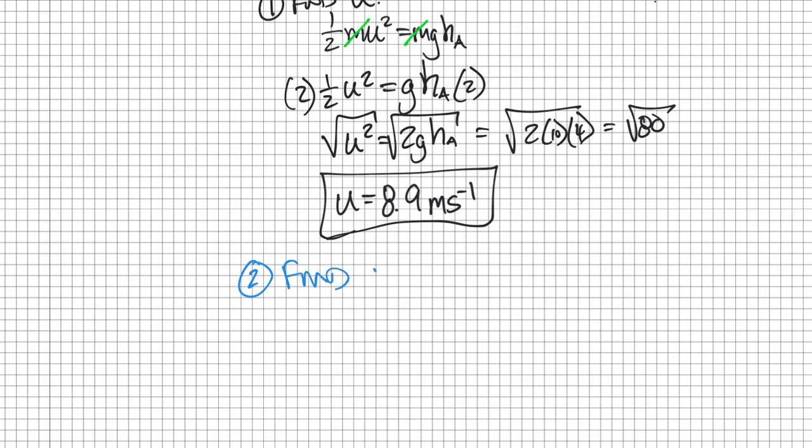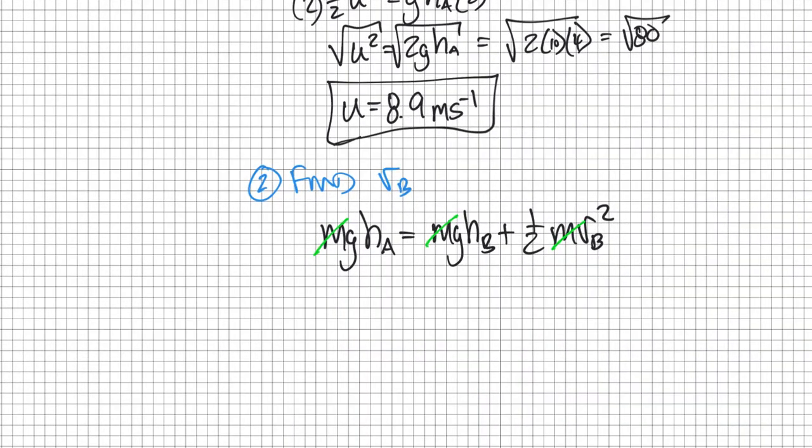find V at B. And that's going to be MGHA equals MGHB plus 1/2 MVB squared. Masses go away.